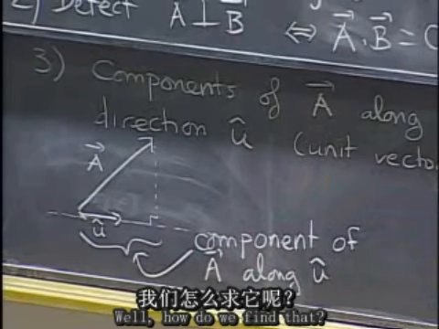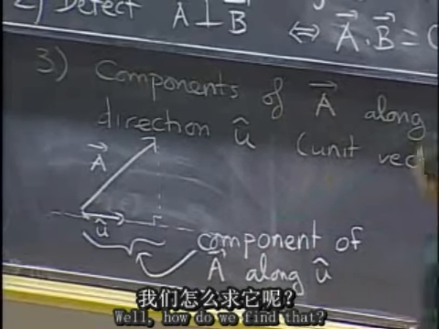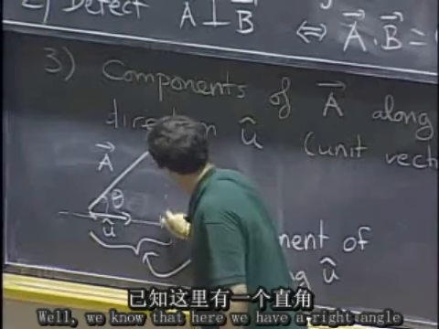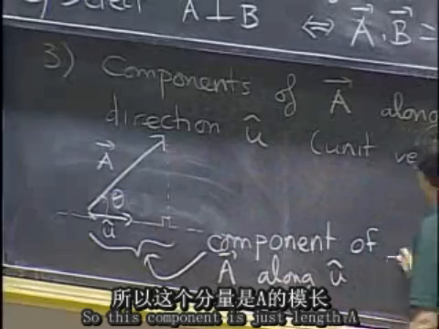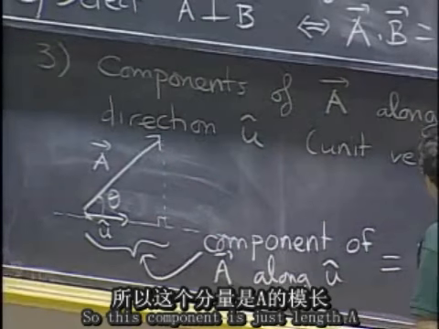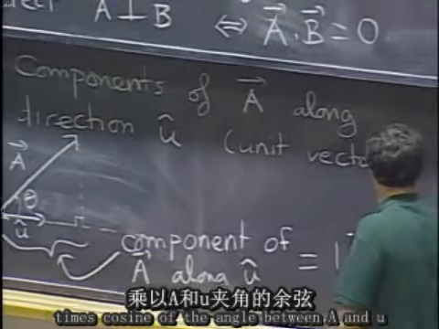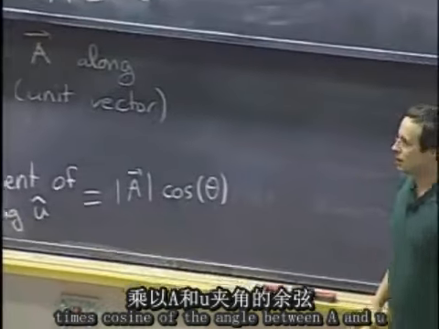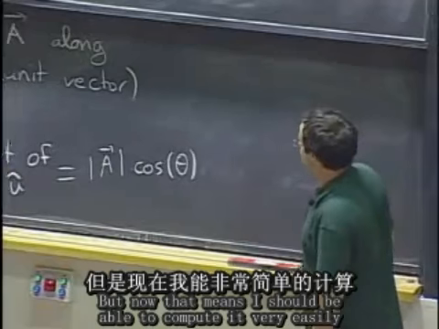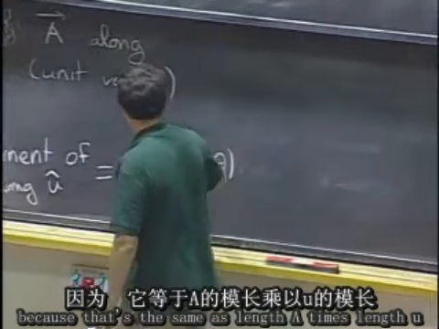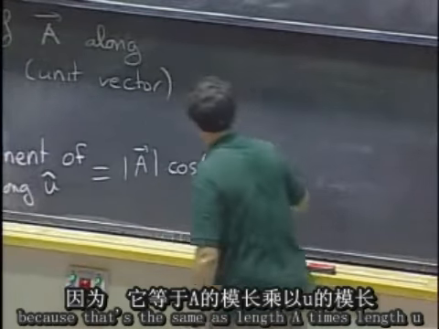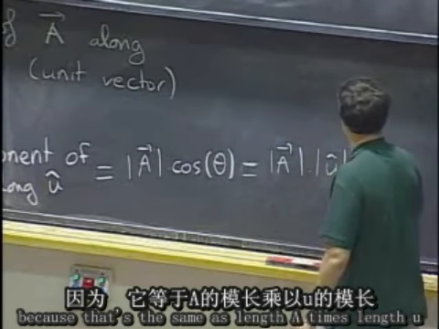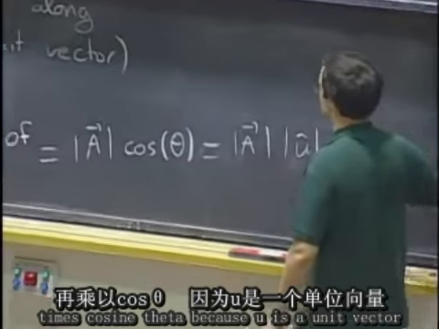How do we find that? We know that here we have a right angle, so this component is just length A times cosine of the angle between A and U. But now we can compute it very easily, because that's the same as length A times length U times cosine theta, since U is a unit vector.